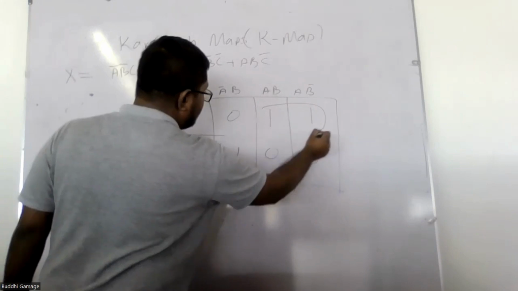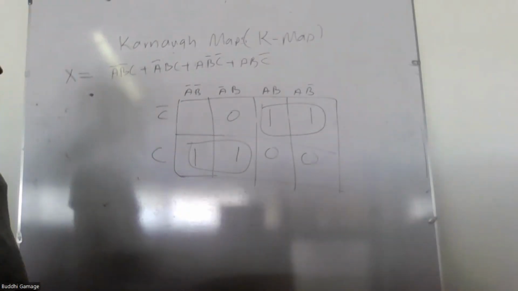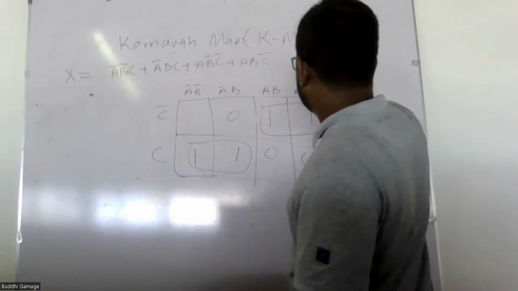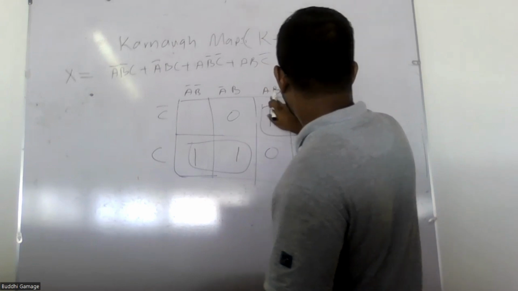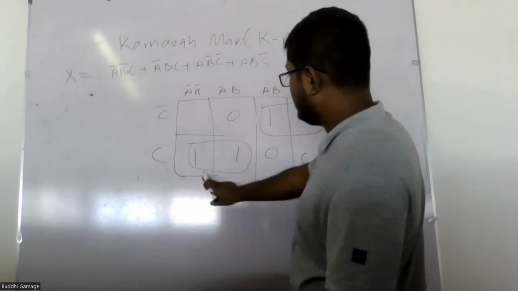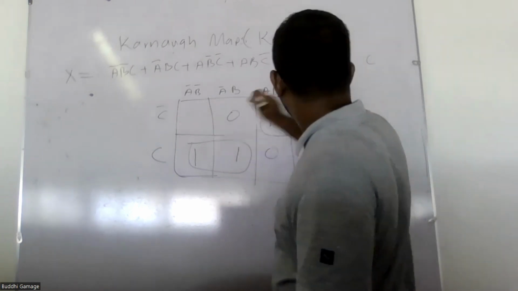So here we can group these ones. Right. So what we get here by using this one is A and C bar, plus here C and A bar.